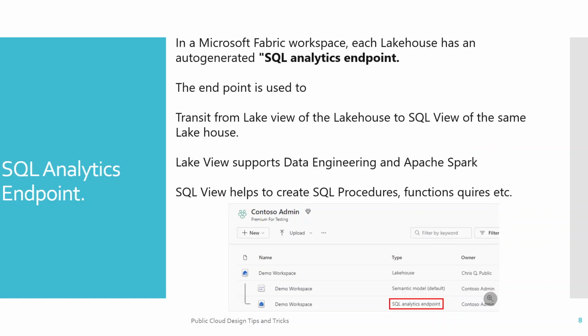Okay. Now what is SQL Analytics Endpoint? In a Microsoft Fabric workspace, each Lakehouse, when you create it, has an auto-generated SQL Analytics Endpoint. What is the purpose of that endpoint? That endpoint is used to transition from the lake view of the lakehouse to the SQL view of the same lakehouse.